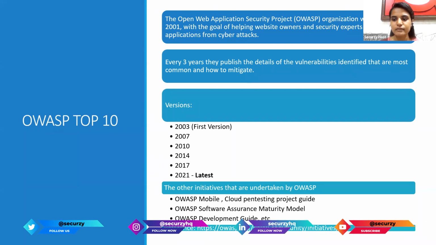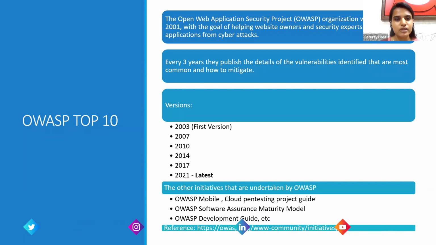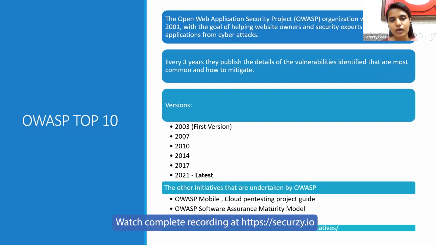This is a non-profit organization which aims to help website owners and security experts all over the world protect web applications from any cyber attack. The organization publishes the details of the vulnerabilities every 3 years, and the remediations on how to mitigate those cyber attacks.